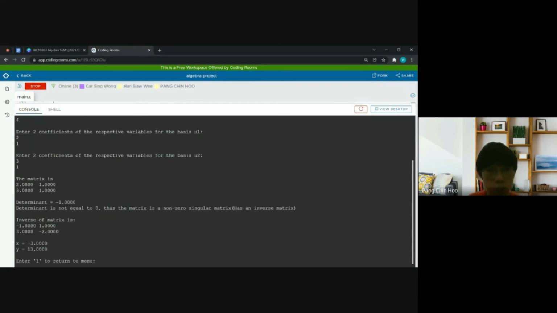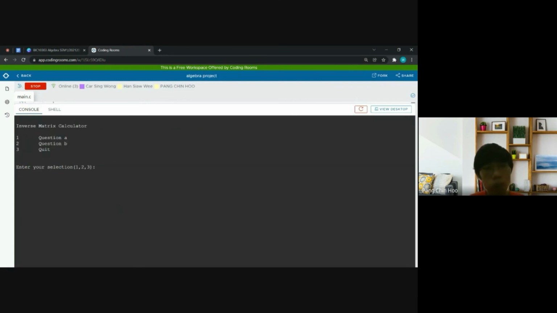After that, it shows the determinant is equal to -1 and is not equal to 0, because the matrix is non-singular and has an inverse matrix. The inverse matrix is -1, 1, 3, -2, as shown here. The values of x and y are also calculated, which are -3 for x and 13 for y. Then we enter 1 to go back to the menu.